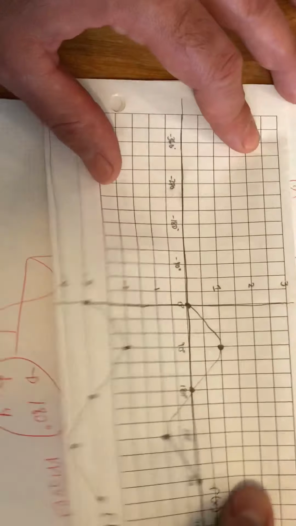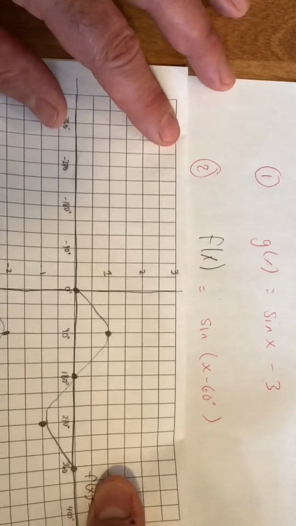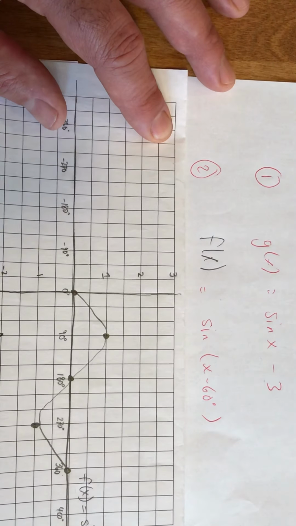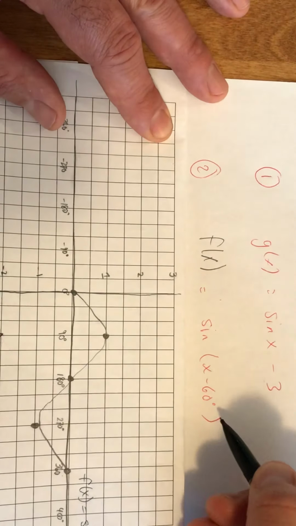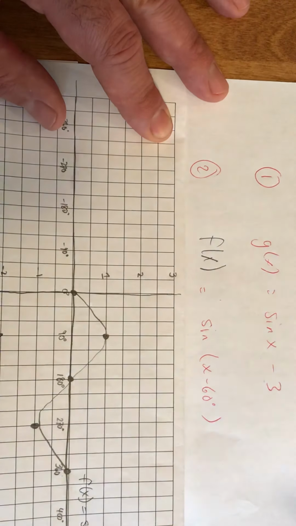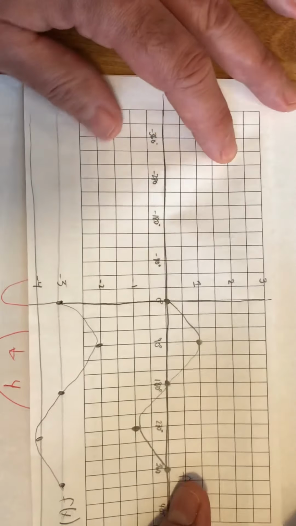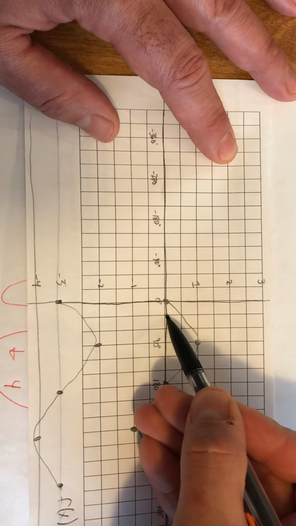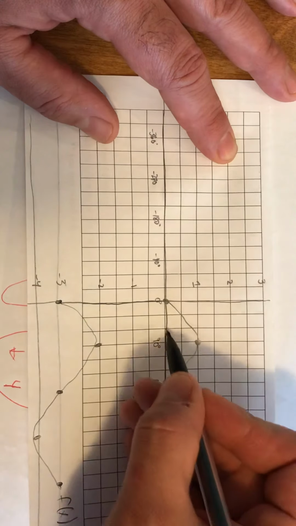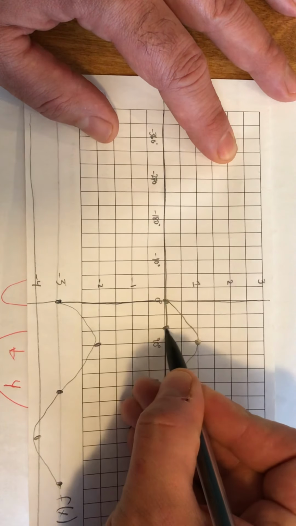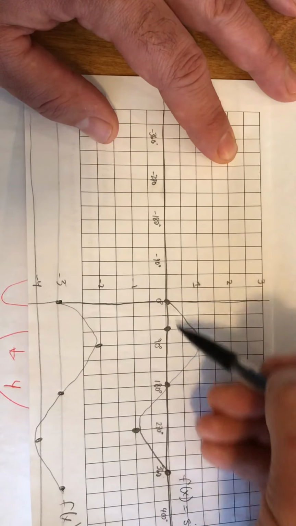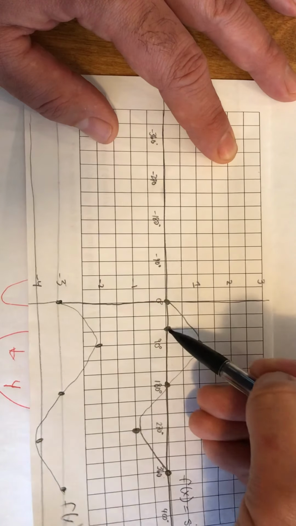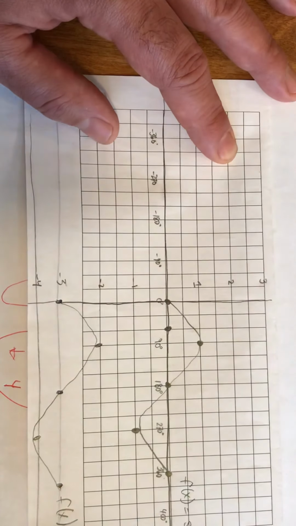The next one is sine (x - 60). You'll remember that -60 goes to the right. I divided my grid into 3s, so 30, 60, 90. So we're just going to start at 60. Every point is going to move 2 squares to the right based on the scale that I'm using.